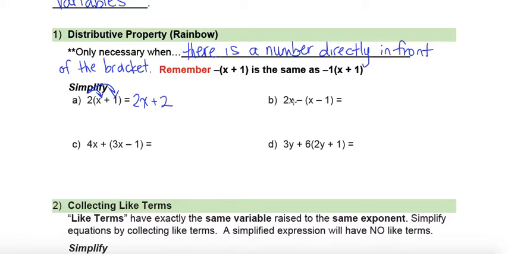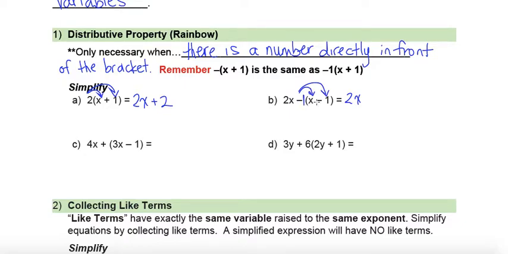If we take a look at example B, this is an example where we have that imaginary 1 in front of our bracket. So if it helps you to put it in front, by all means go ahead. So we're going to write our 2x out front first, and now we're going to multiply everything inside of the bracket by that negative 1.